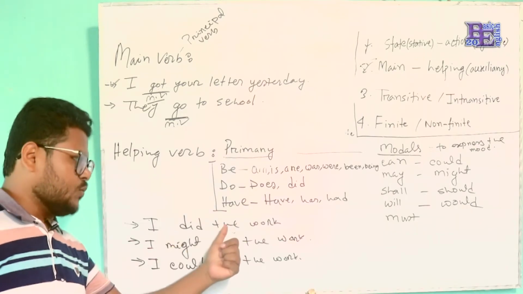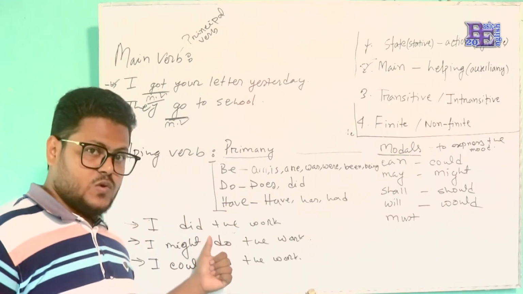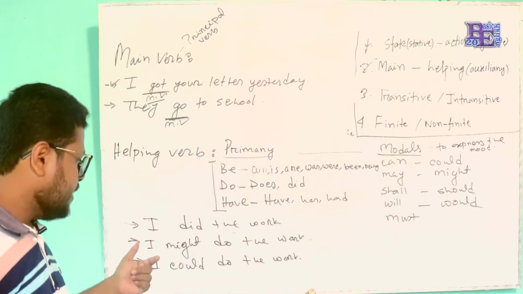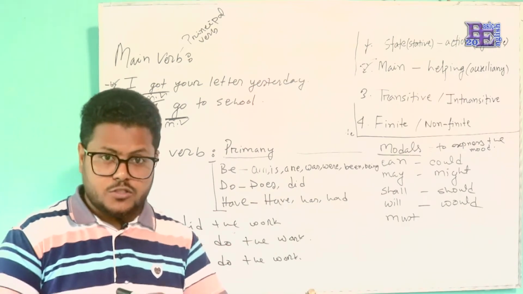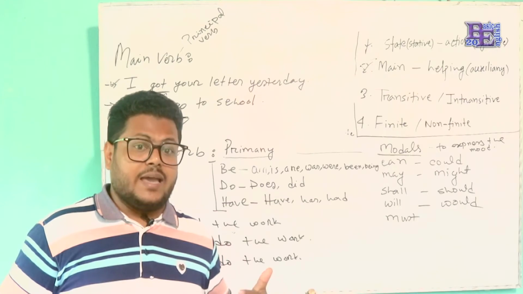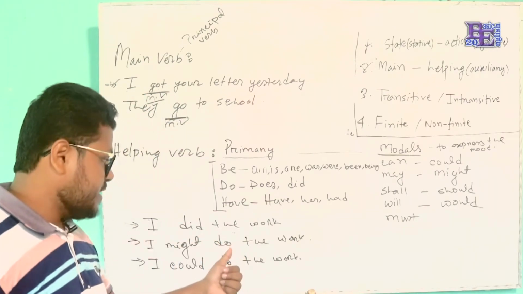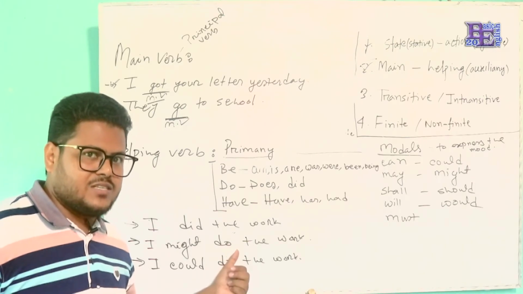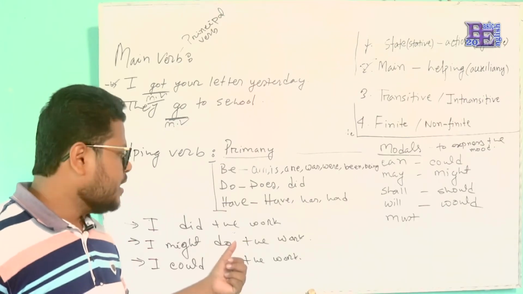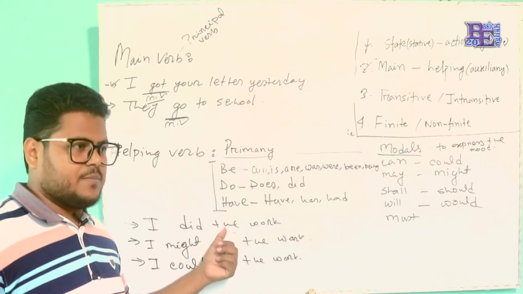If I say I did the work, that means I am 100% sure that I've done the work. But if I say I might do the work, I'm not sure altogether. I may have 70% surety that I may do the work. That means it is expressing the possibility or probability of doing something, and the other is expressing the surety that I have done the work.